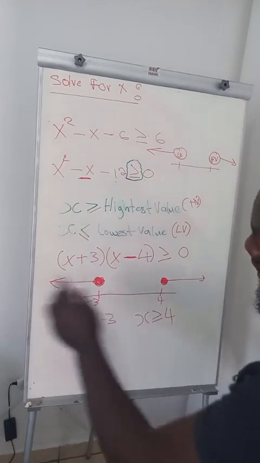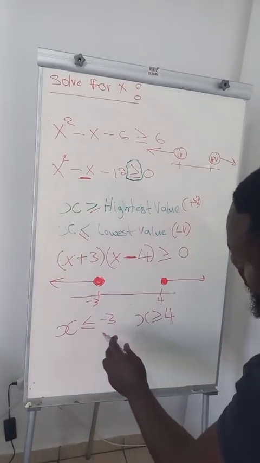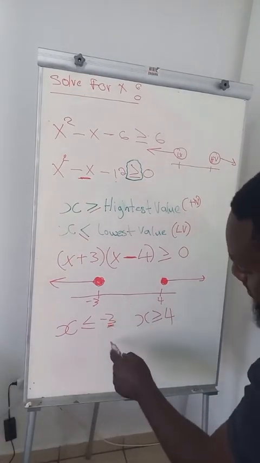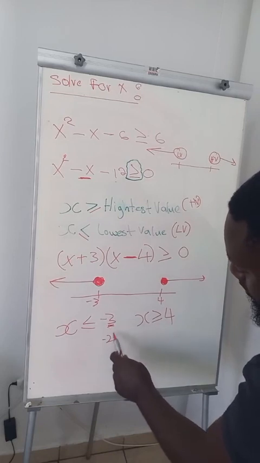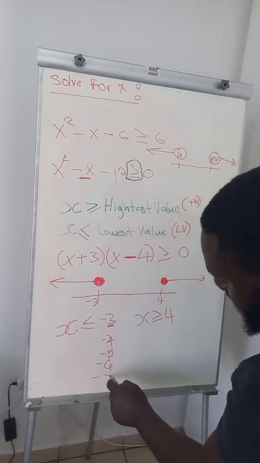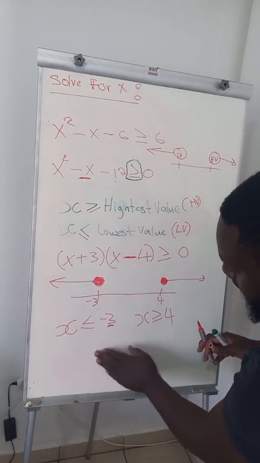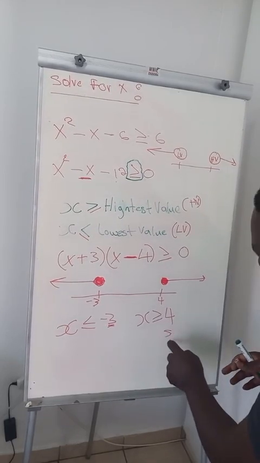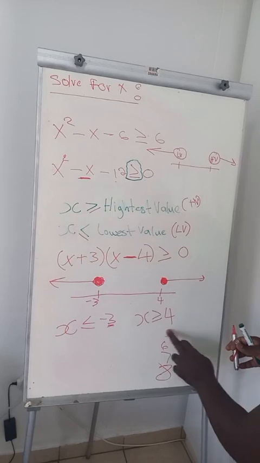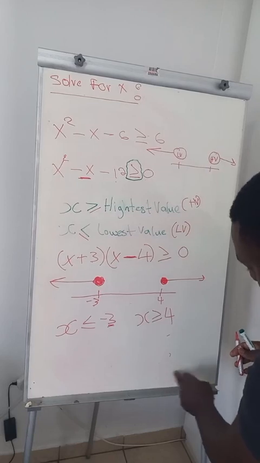Going to the left means x is less than or equal to -3 and everything coming, which is -4, -5, -6, -7. So it just means that. The same applies here: you'll be getting 5, 6, 7, and also 8. So this is what it means. Then let's move on.